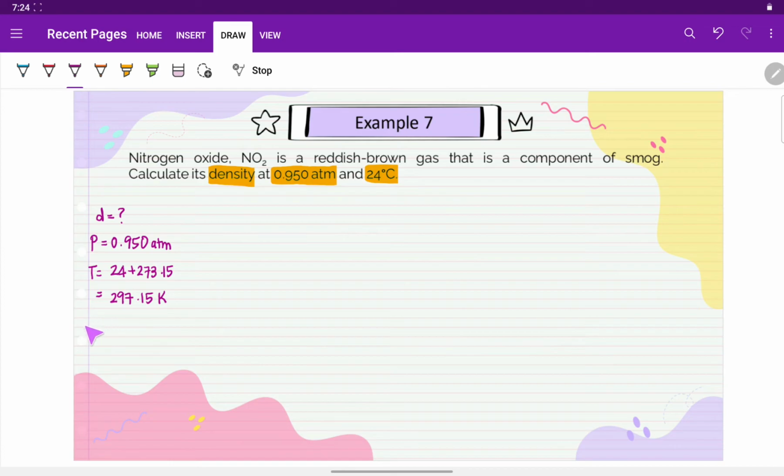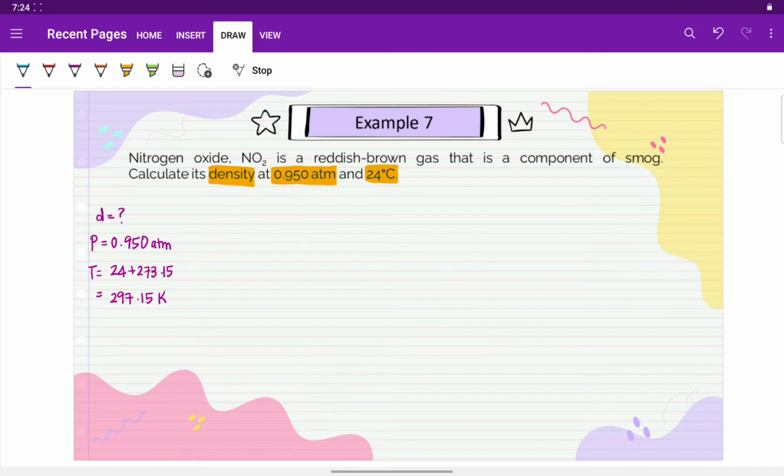Okay, so make it a habit. Setiap kali nampak je temperature, terus tukar kepada Kelvin. Sebab apa? Memang wajib tukar kepada Kelvin. Okay, so tulis balik information, terus tukar kepada Kelvin. So, make it a habit supaya dia akan menyelamatkan awak untuk calculation. Okay, now. So, since dekat sini, soalan minta kita cari density.